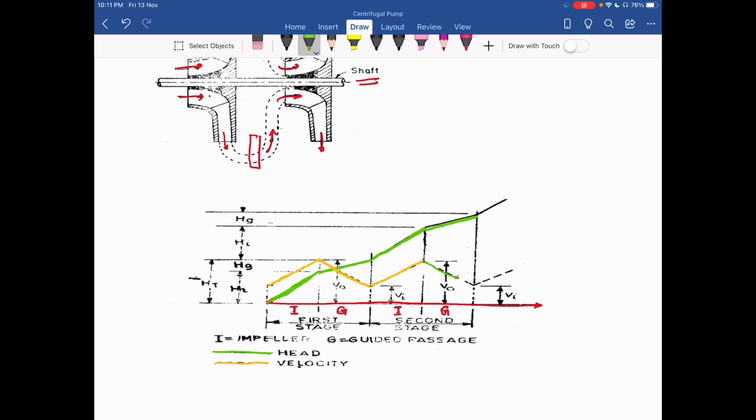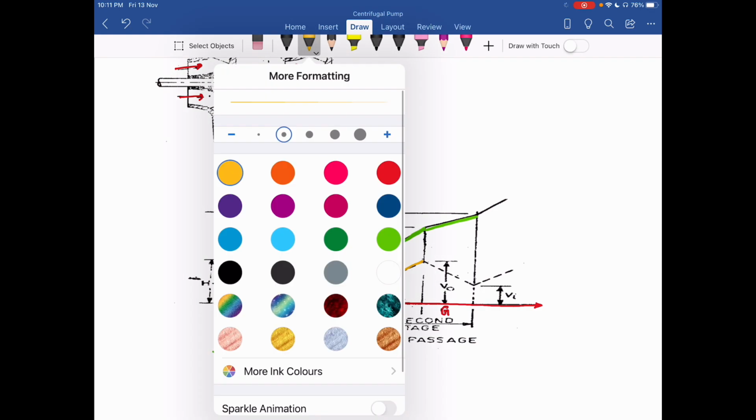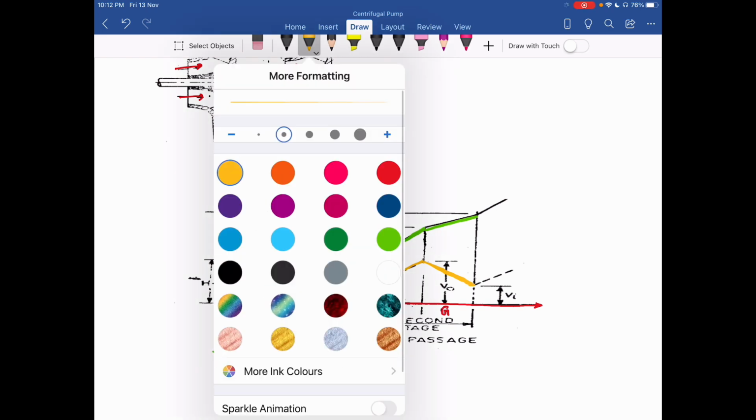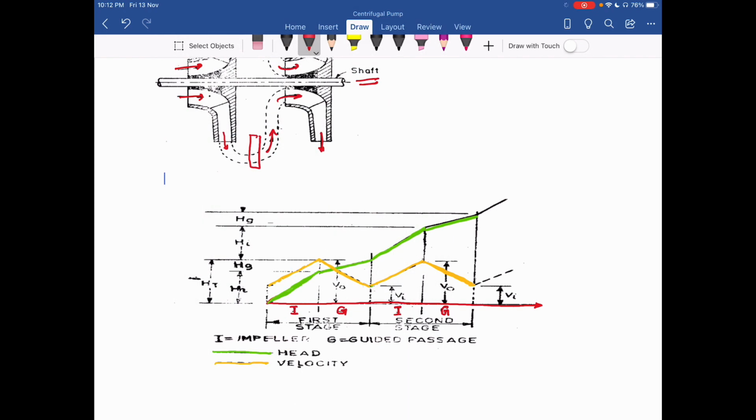Again there is an increase in pressure head and there is a reduction in kinetic head. Okay, now you can see what happens at the outlet. So at the outlet we have water with some velocity VO and having pressure head this much. Some velocity VO and there is high head in the water, high pressure energy per unit weight in the water.